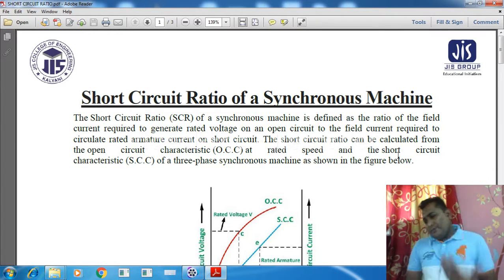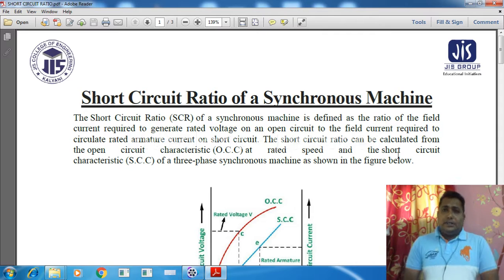We have discussed this previously, when we covered the different methods of finding the voltage regulation, such as the synchronous impedance method and the zero power factor method, in the previous lecture.